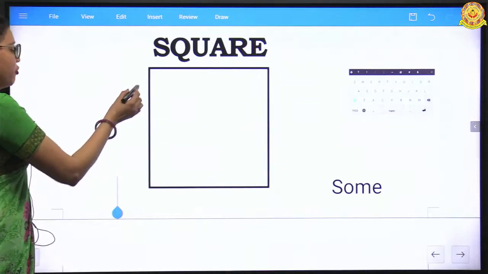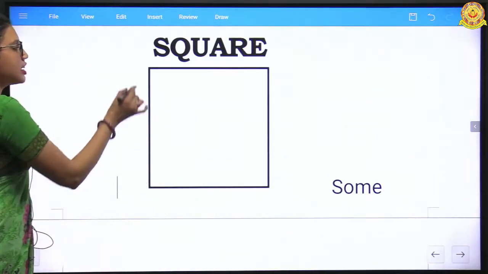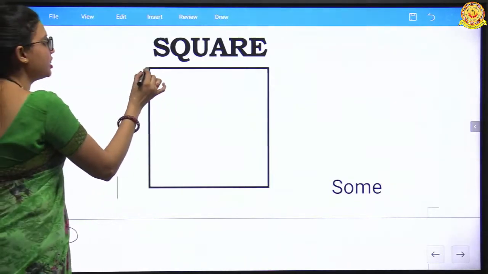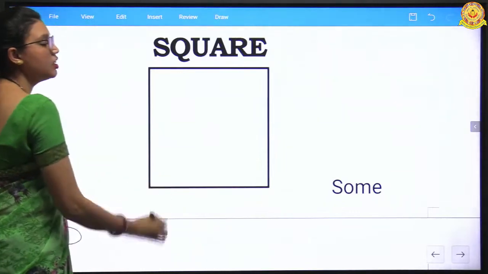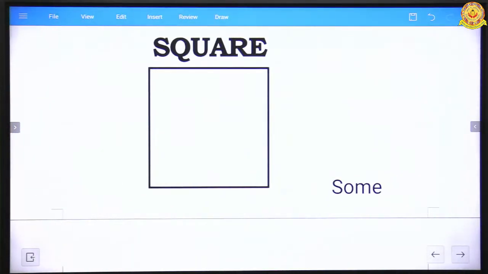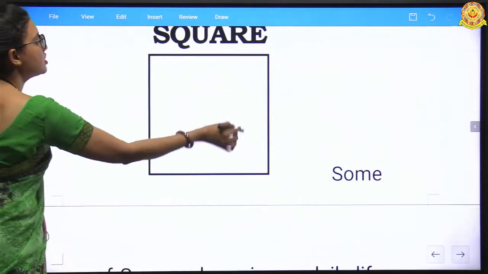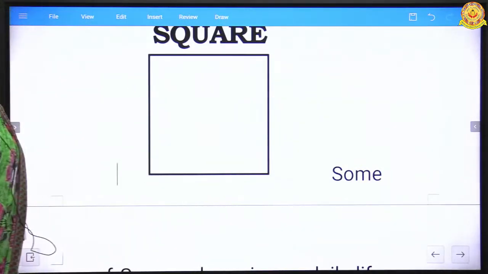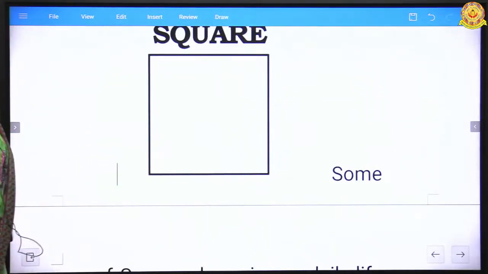Suppose if we have a 10 centimeter line here, then this and this and this, all of the three other lines will be 10 centimeter. So in a square there are four equal sides and four right angles, each making a 90 degree angle. It's called a right angle.